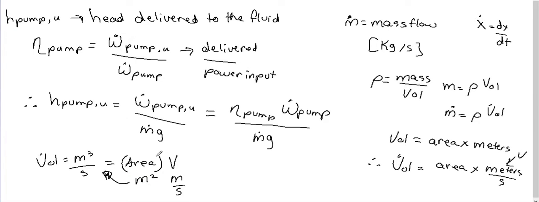Okay, so we've got the head of the pump defined, and now we can do the same thing for the head of the turbine. So we're just going to delete that and get a blank screen. Alright, so the head of the turbine, we're going to do the same thing here.